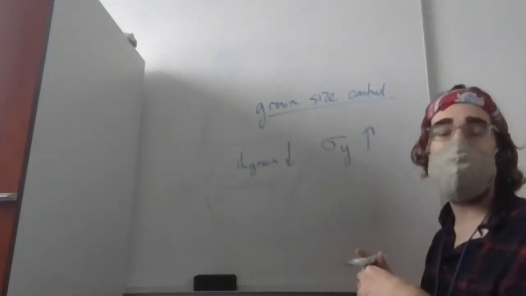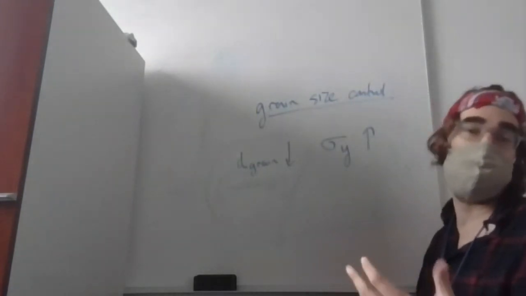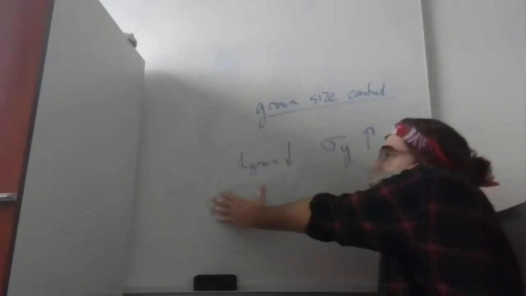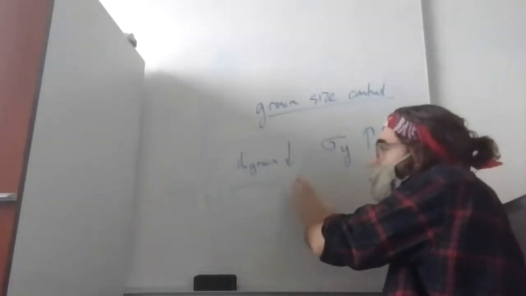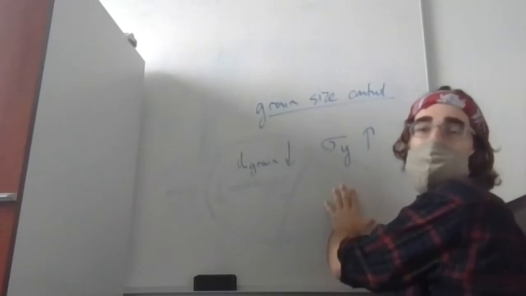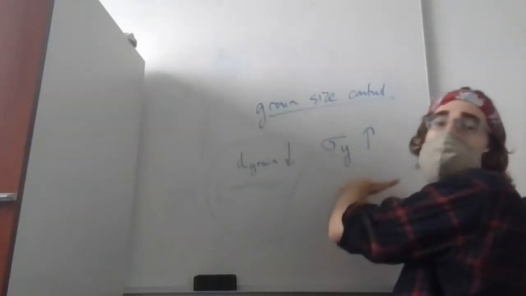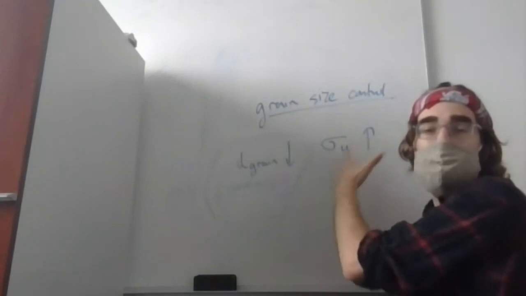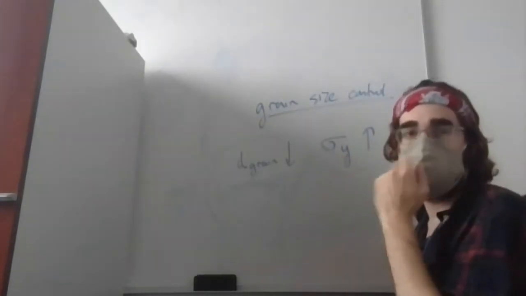And the yield stress is the point at which plastic deformation occurs. Because the grain size is smaller, and this region didn't undergo plastic deformation, more energy is needed to induce plastic deformation.